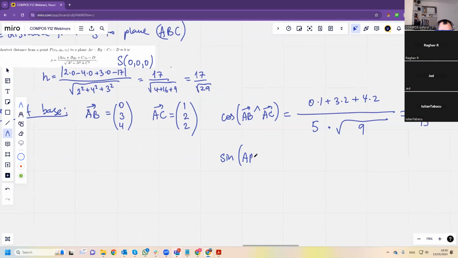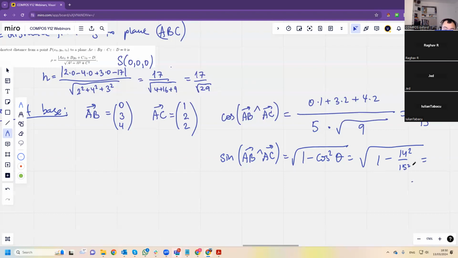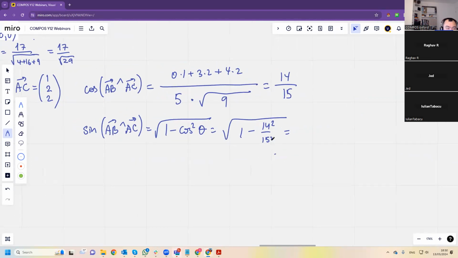Sine of the angle between AB and AC is the square root of 1 minus 14 squared over 15 squared, which is, yikes, 225 minus 196. 225, 29. Oh, square root of 29 over 15.